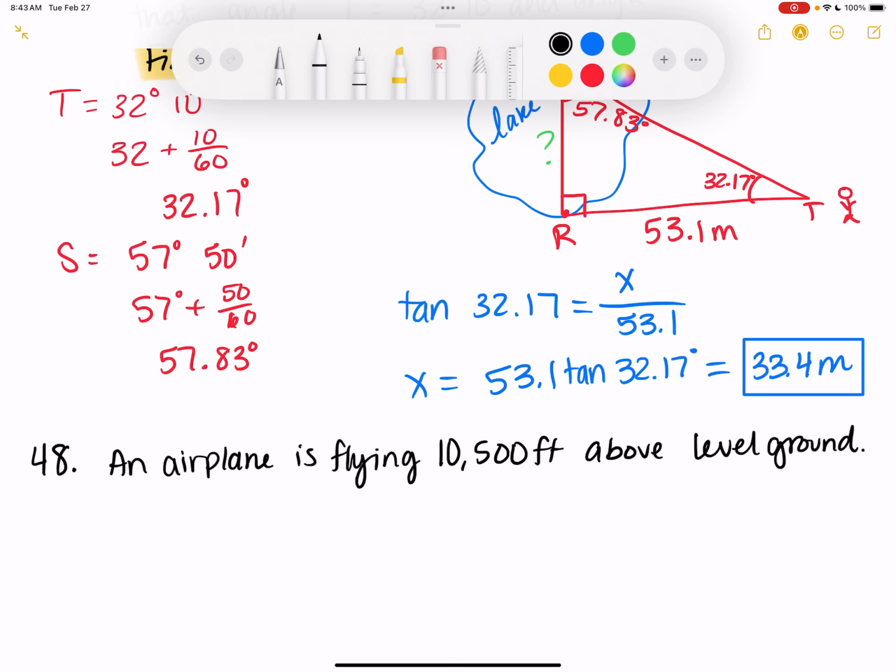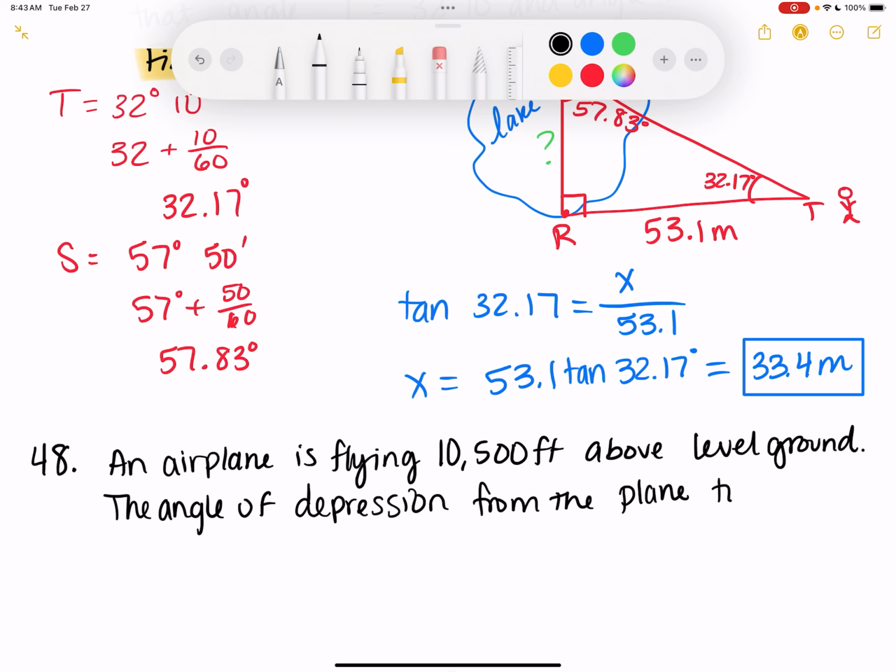The angle of depression from the plane to the base of the tree is 13 degrees 50 minutes.